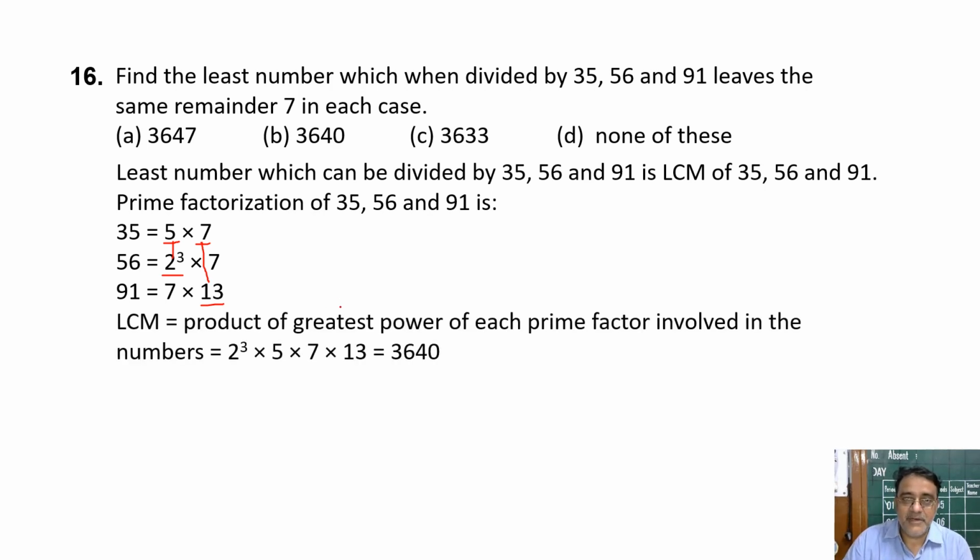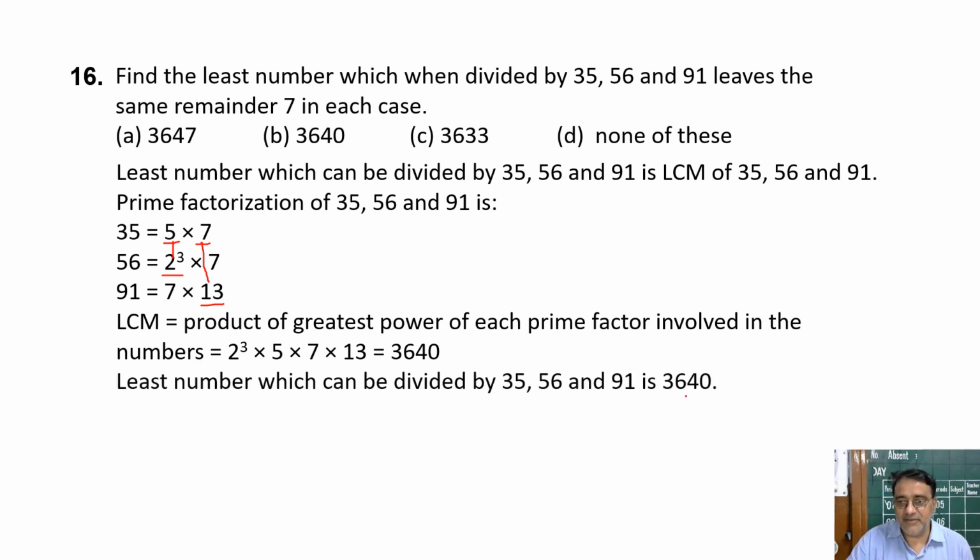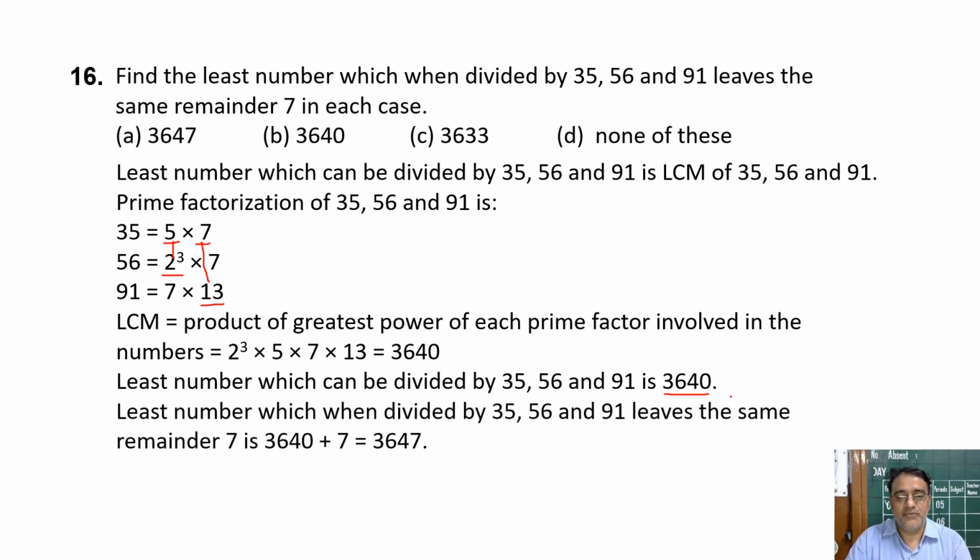Now the least number which can be divided by 35, 56, 91 is 3640. So when you divide 3640 by these three numbers, the remainder will be 0. But we require remainder 7. So that will come only when we add 7 to it. So what will be the final answer? 3647. Yes, very good. 3647. So which is the correct option? Option A. Option A. Very good.